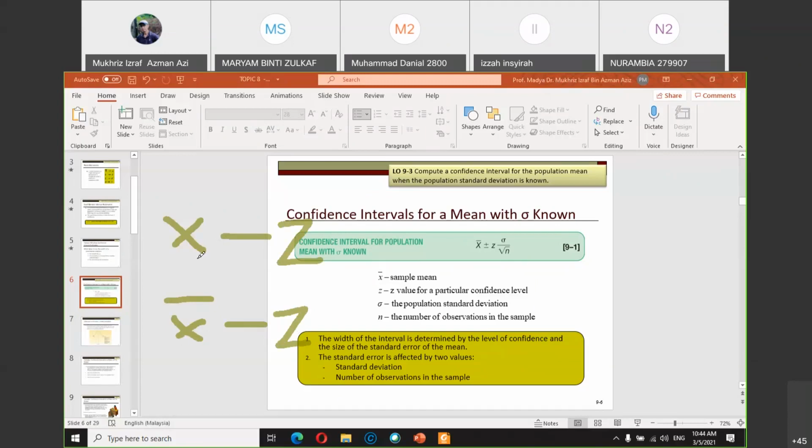What is the formula to convert into Z? X bar minus mu divided by the standard deviation. That is what you learned before, and the same thing applies here. So what is the Z value? It refers to what you have learned before.